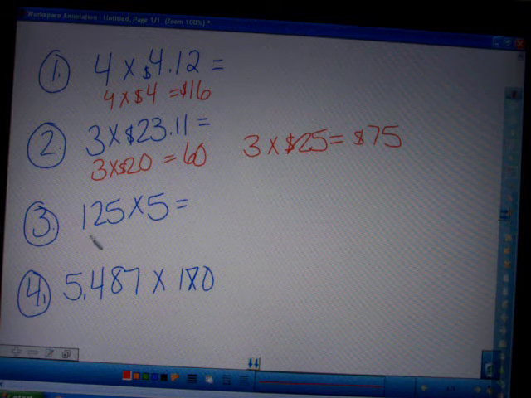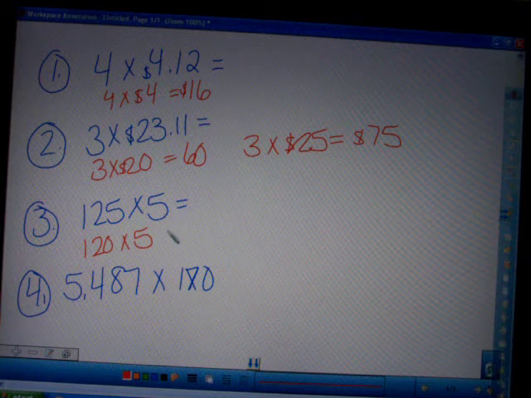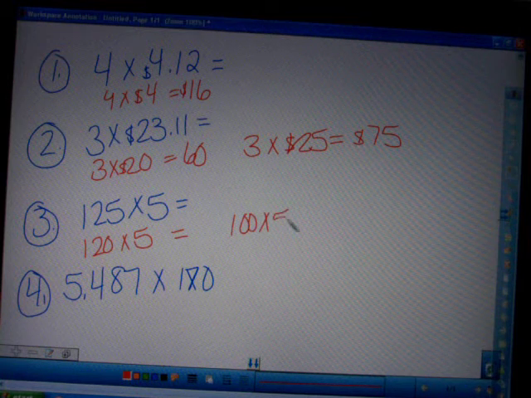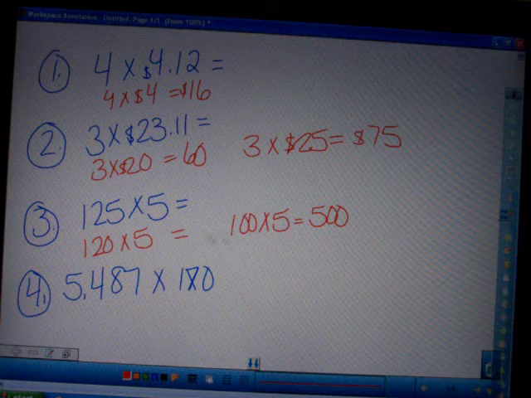125 times 5, I would do 120 times 5. My book actually has you going to 100 times 5, which is equal to 500. Sorry, I had a moment where I was sitting there trying to figure out 120 times 5 in my head.